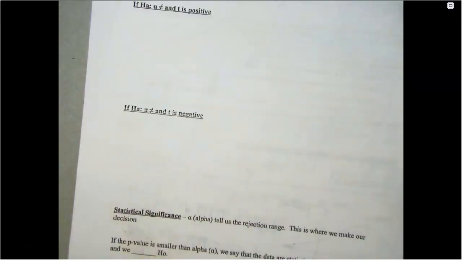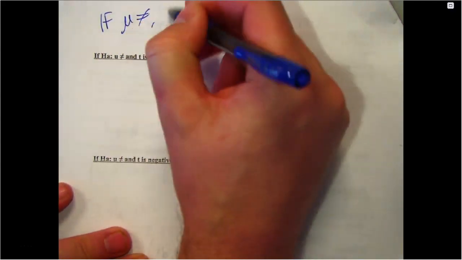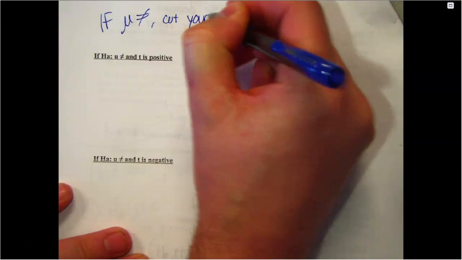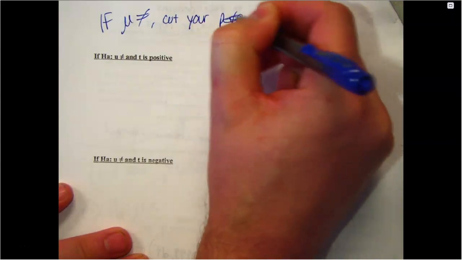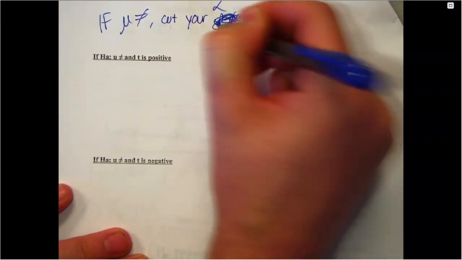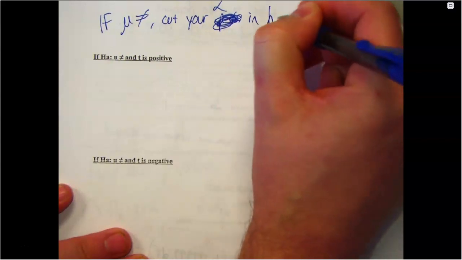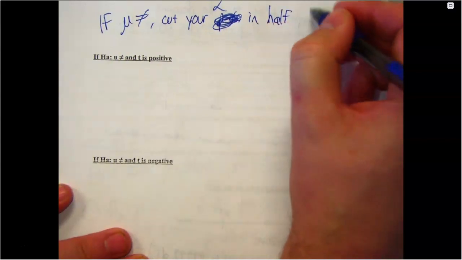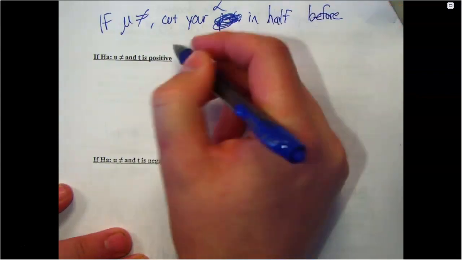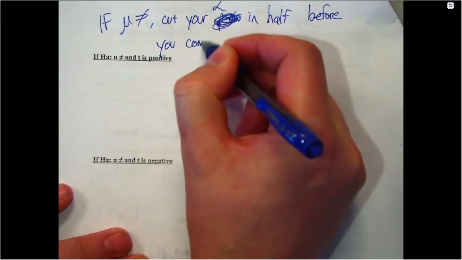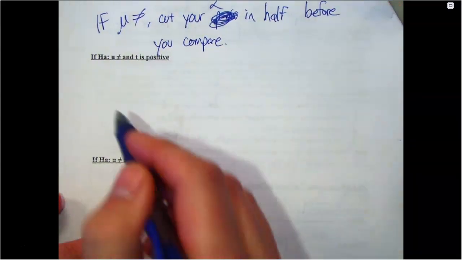Because you get this situation where it's mu is not equal to. If mu is not equal to, cut your p-value, or sorry, cut your alpha in half before you compare.